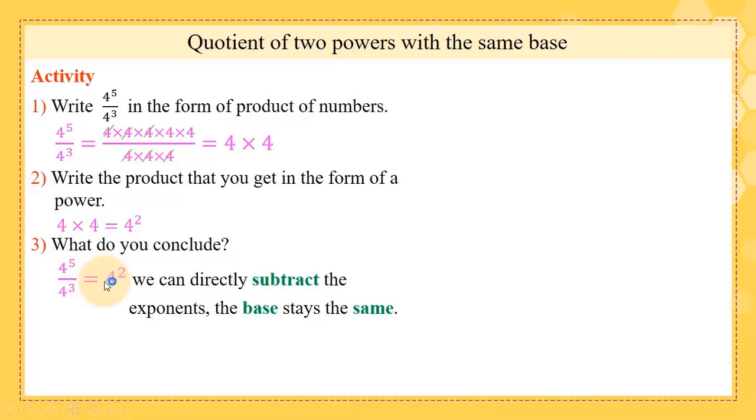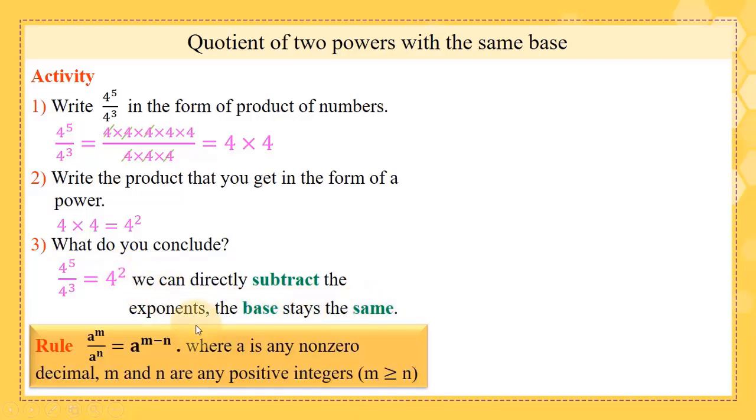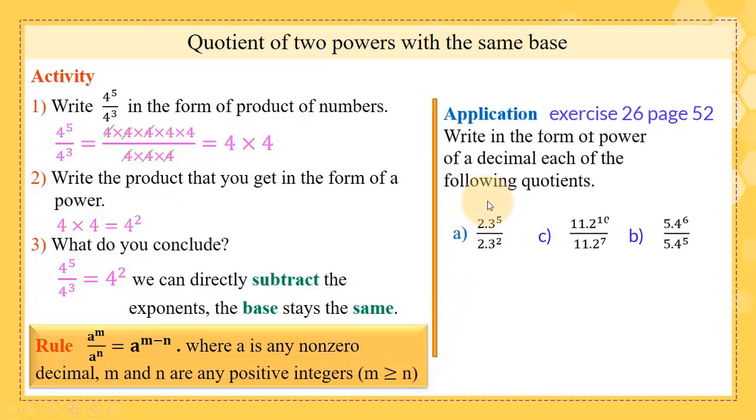So we conclude that we can directly subtract the exponents 5 minus 3 to get 2, and the base stays the same. Rule: a exponent m over a exponent n equals a exponent m minus n, where a is any non-zero decimal, m and n are any positive integers such that m is greater than or equal to n. Solve as an application.